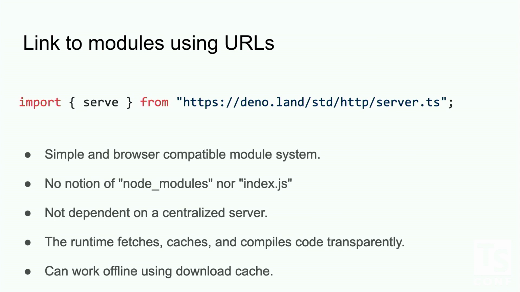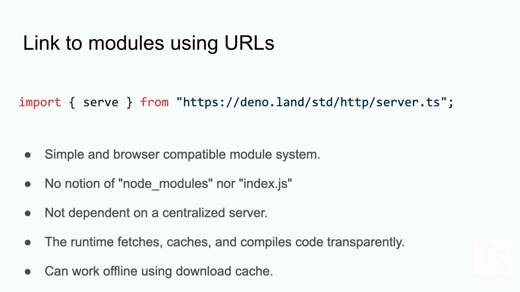It's just like the server npmjs.org is implicit in that. We're requiring you to be explicit about which server you get this from. And by doing this, it makes your imports maybe a bit more verbose, but with the benefit that now it's completely distributed, right? You can serve up your code from any URL.